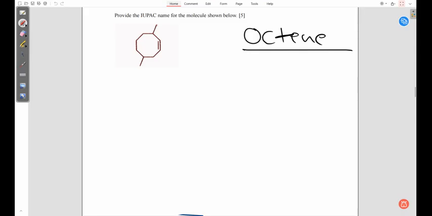Now that's just the methyl. We've got two of them, so call that dimethyl. Okay. Since we only have one double bond there, we'll align it in a way that we give it the lowest possible position, right?